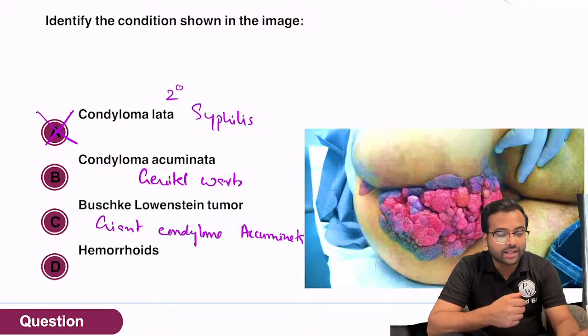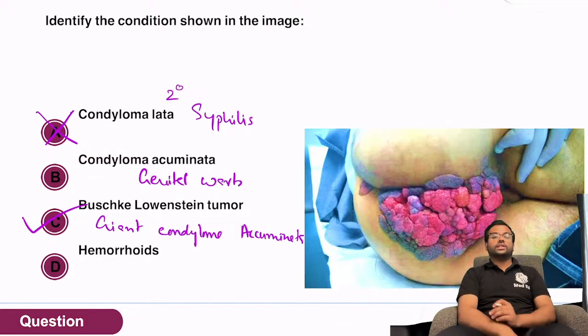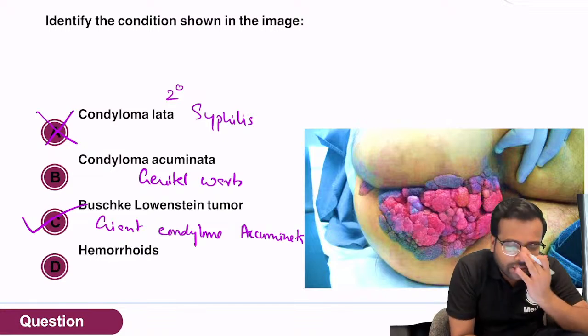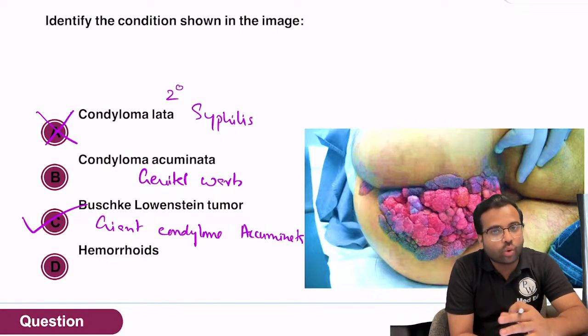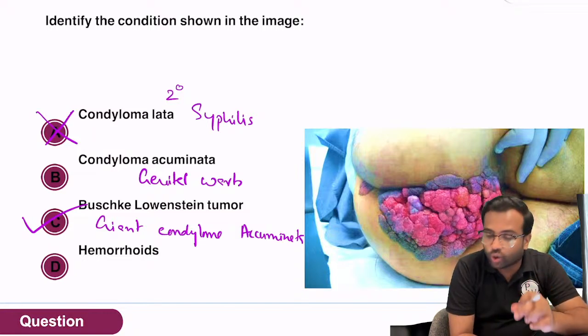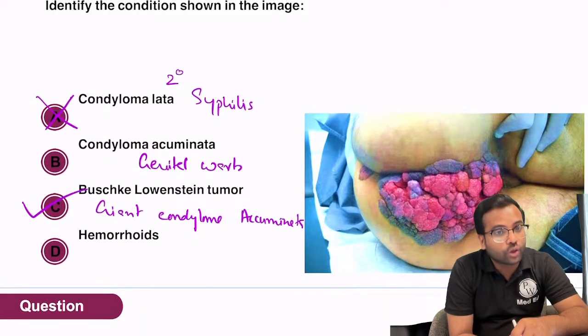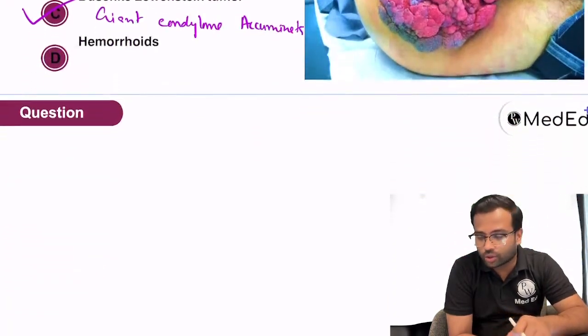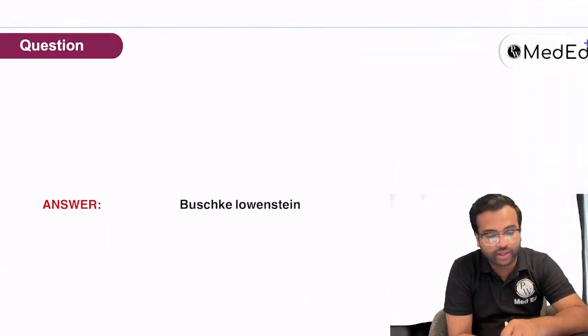So what is the right answer here? The right answer here should be Buschke-Lowenstein tumor. Please remember, it is a completely benign lesion, which would require a local surgical excision as well. So this is called giant condyloma acuminata, which is also caused due to human papilloma virus.